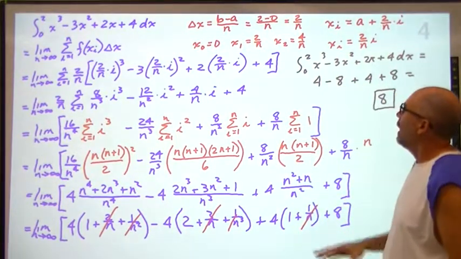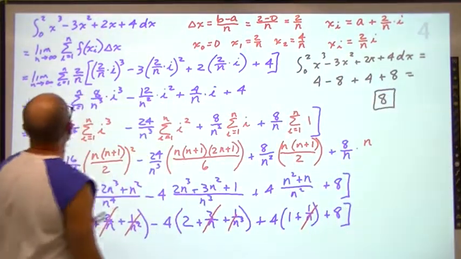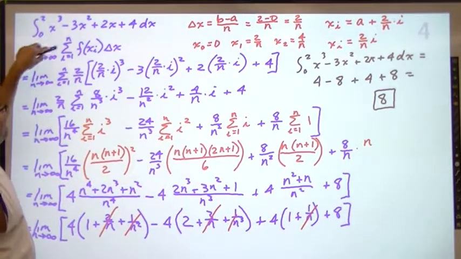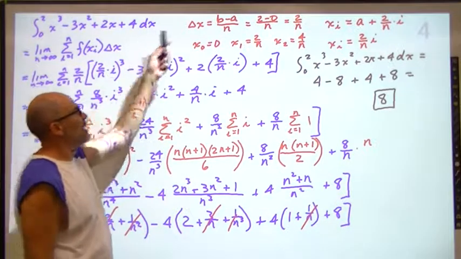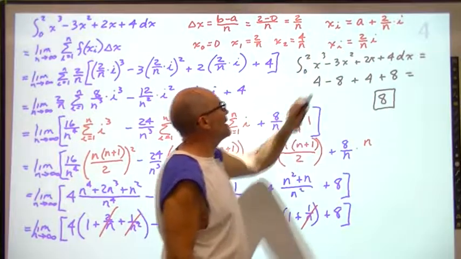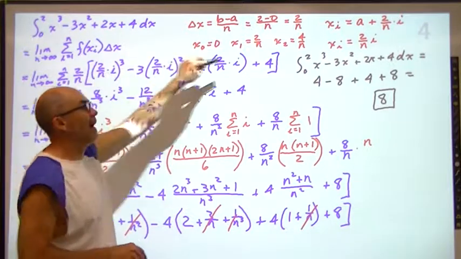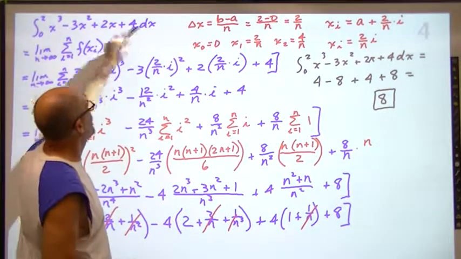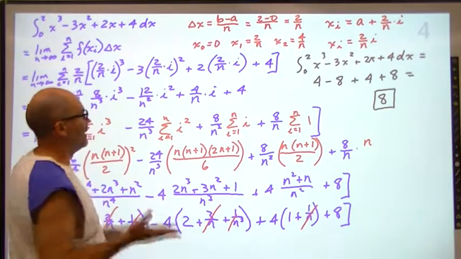Okay, so now what are we doing here? Well, first thing we have is the limit as n approaches infinity of a summation. So you have to get your delta x. When you get your delta x, then you can get your x sub i. Once you get your x sub i, then you can get your f of x sub i. Now the f of x sub i was big because we have 4 different terms in the function. But normally it won't be that huge.